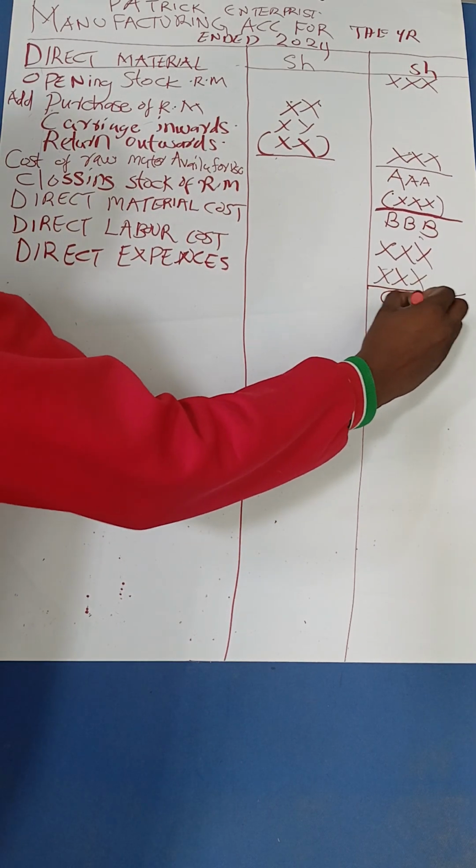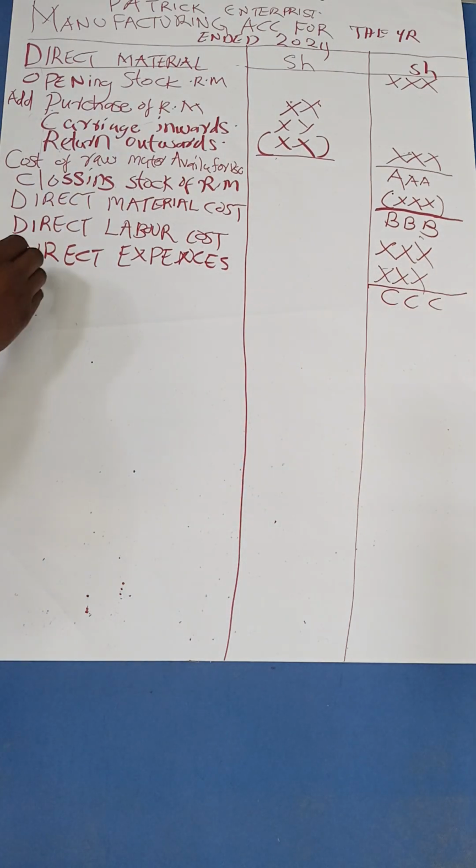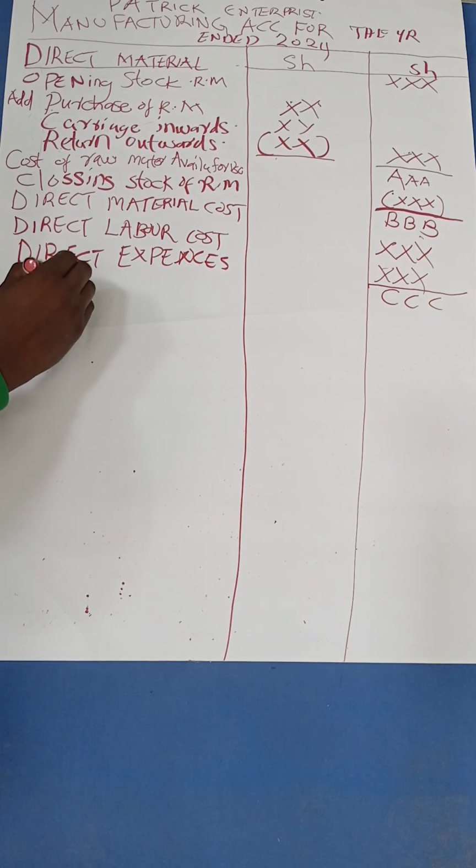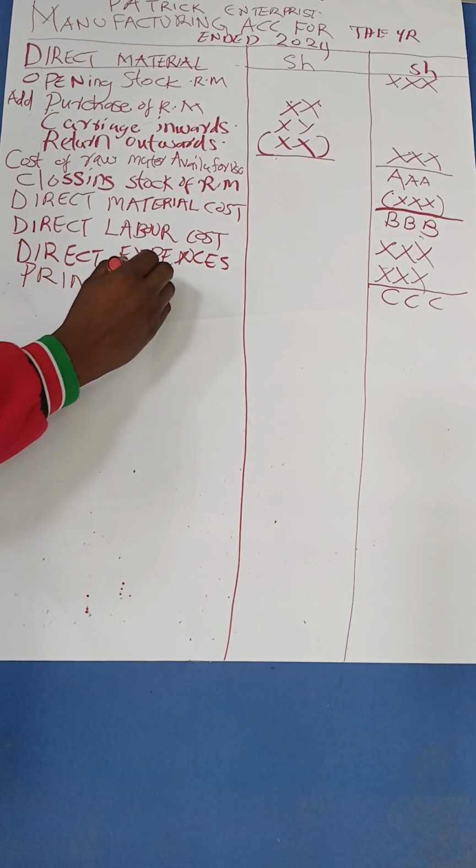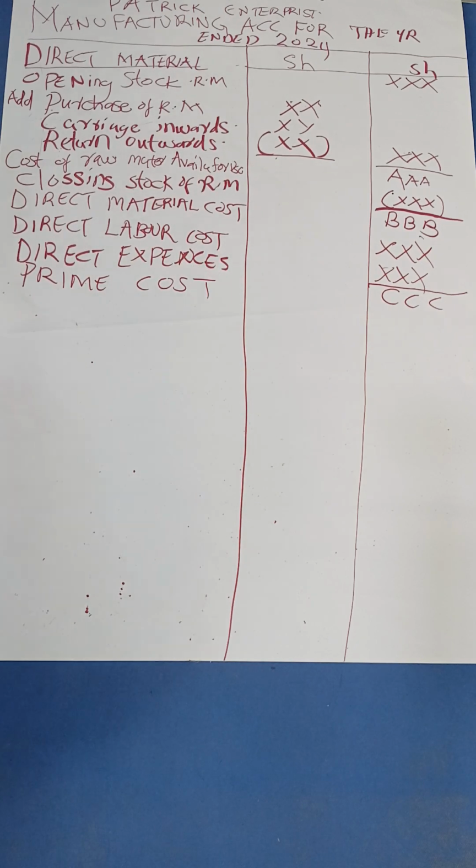Let me call it CC. We'll come up with something called prime cost. CC, prime cost. So at the end of the day, all the direct material cost, direct labor cost, and direct expenses, if you put them together, we come with something called prime cost.